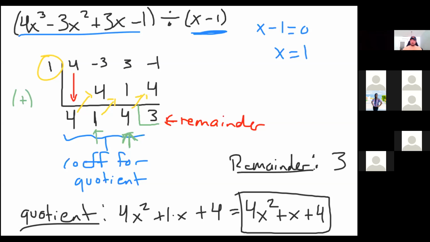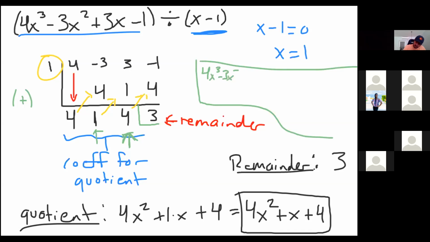And if you're trying to write the answer, which most of y'all did that you see in the videos, which is absolutely fine. I'm just going to try to write it in green, box it in here. What you're saying is this 4x cubed minus 3x squared plus 3x minus 1 divided by x minus 1 is equal to my quotient.